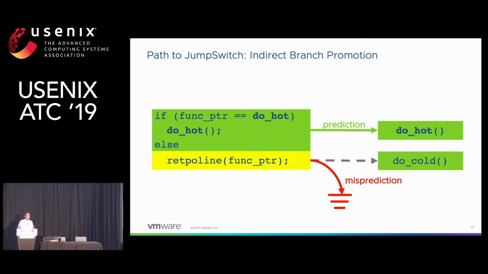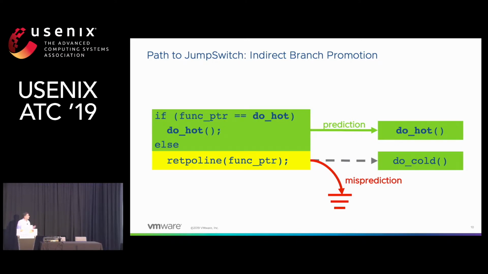We can precede the call to the Retpoline with a piece of code that checks whether the function pointer that we are about to use is indeed this doHot function, and in that case, call doHot using a direct call. Direct call is a call in which the target of the call is encoded inside the instruction and is not susceptible to Spectre v2 attacks. If that's not the case, we just fall back to Retpoline.